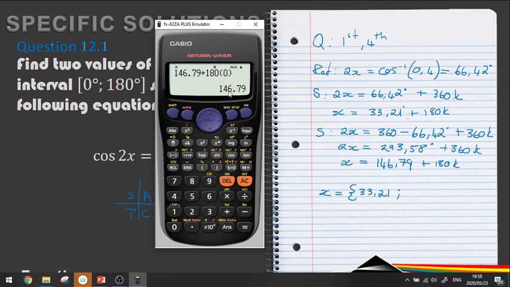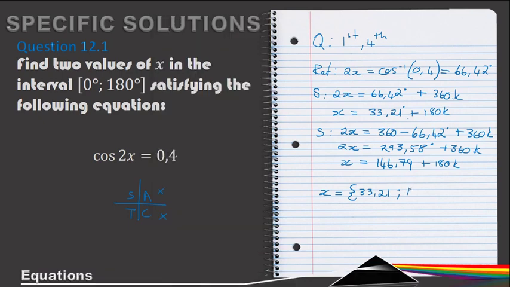It would be 146,79, and that also falls in the restriction. If I put in negative 1 here, it's going to be below 0 degrees. If I put in a plus 1, it's going to be over 180. So this is my other solution, 146,79 degrees.